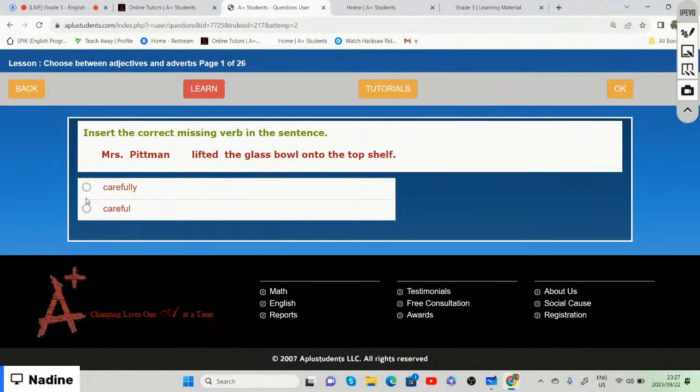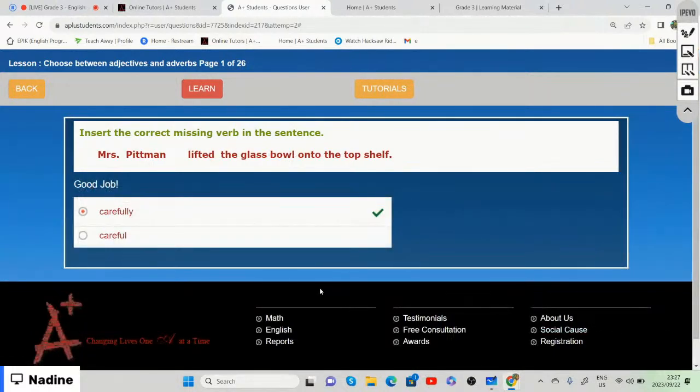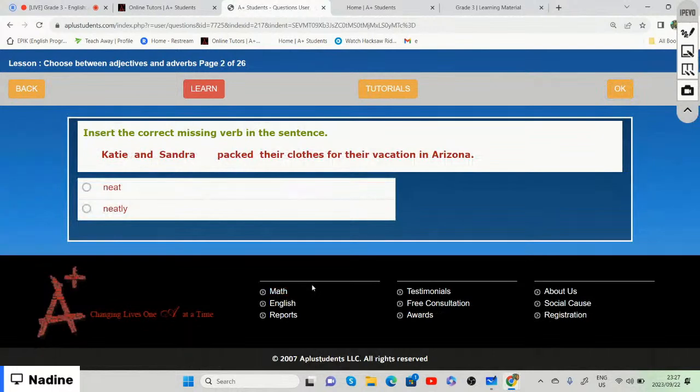If we choose the correct one, then we can say she carefully lifted the glass bowl onto the top shelf. So carefully. Mrs. Pittman carefully lifted the glass bowl onto the top shelf. And it tells us how she lifted the glass bowl.